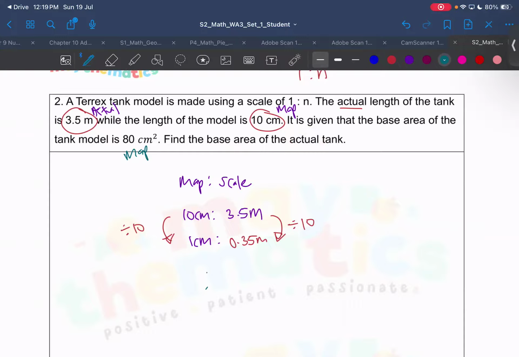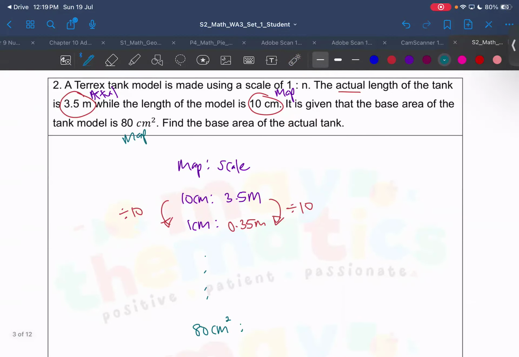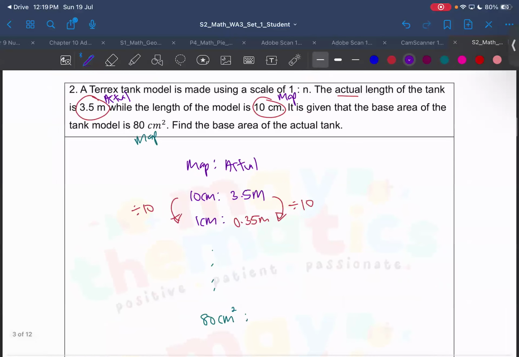Okay, wait, sorry, this one is actual, not scale. Map and actual. Can? Correct or not? Map and actual.